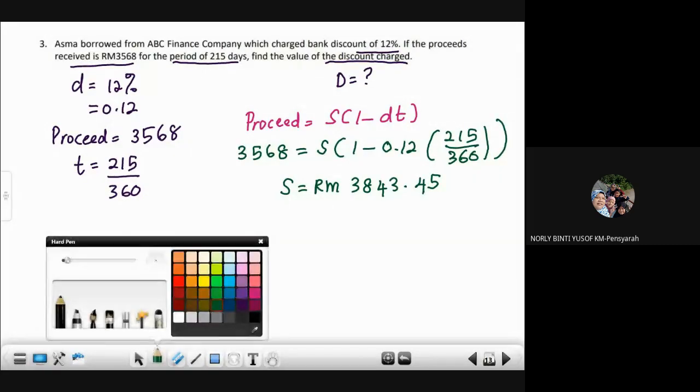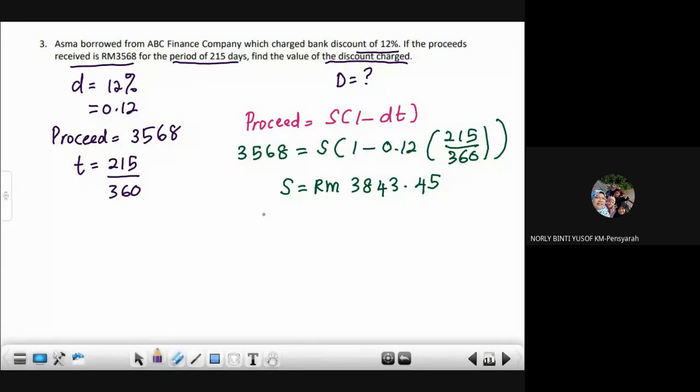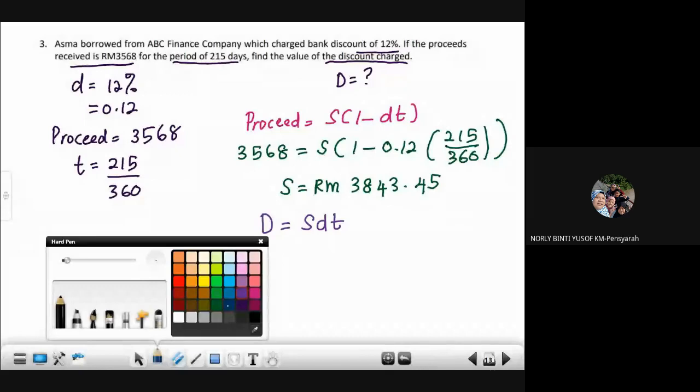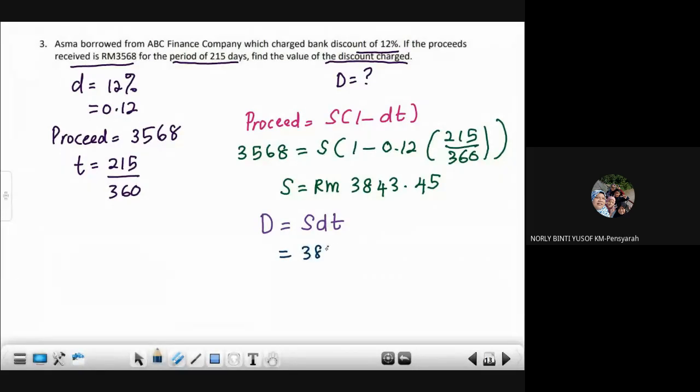RM3,843.45. Dah kira S, barulah kira D, iaitu menggunakan formula S times DT. So S you dah ada, 3,843.45 kalikan dengan 0.12 kali dengan 215/360.